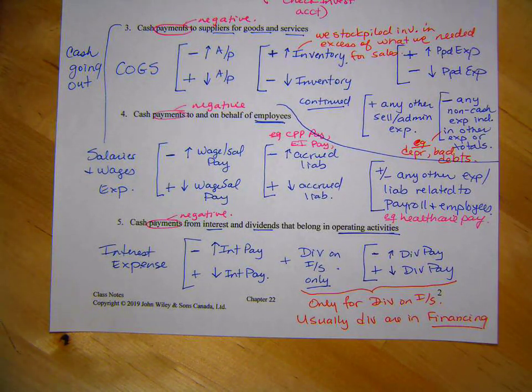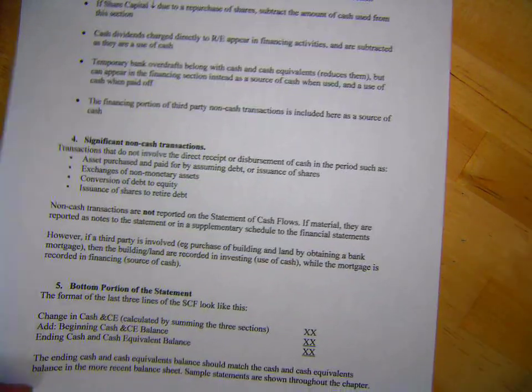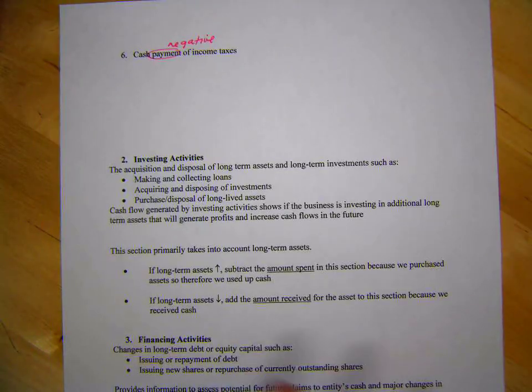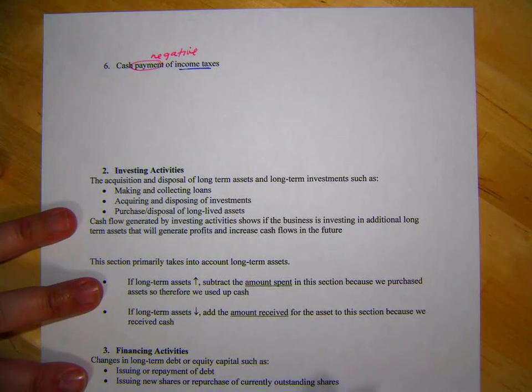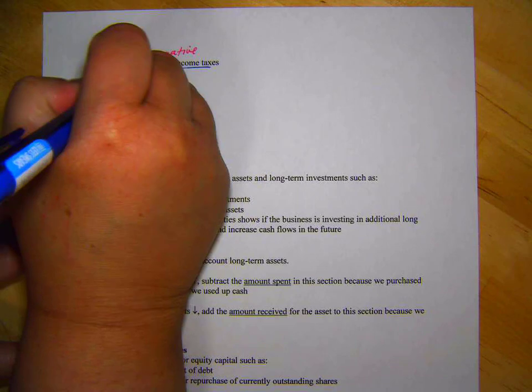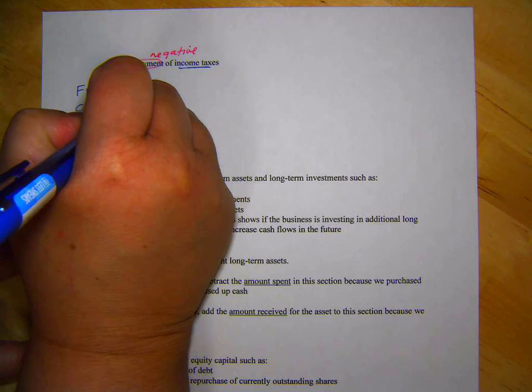Okay, so the last one on page 3, whoops, I seem to have lost page 3. Hang on. There we are. Is cash payment of income taxes. So, FIT is not cash-based, so don't include it.